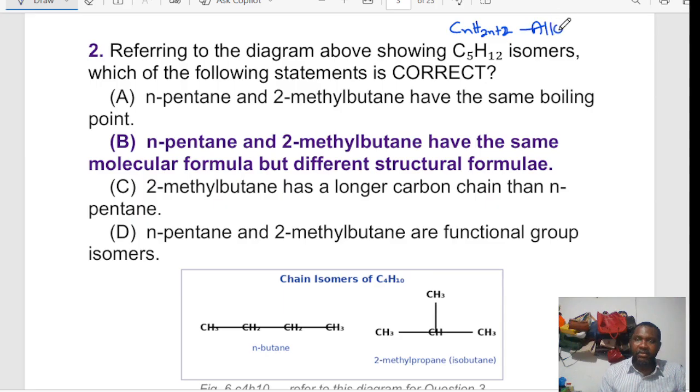Very important. Alkene is CnH2n, and alkyne is CnH2n-2. I hope you remember that. So referring to the diagram above, C5H12 isomers, which of the following statements is correct?